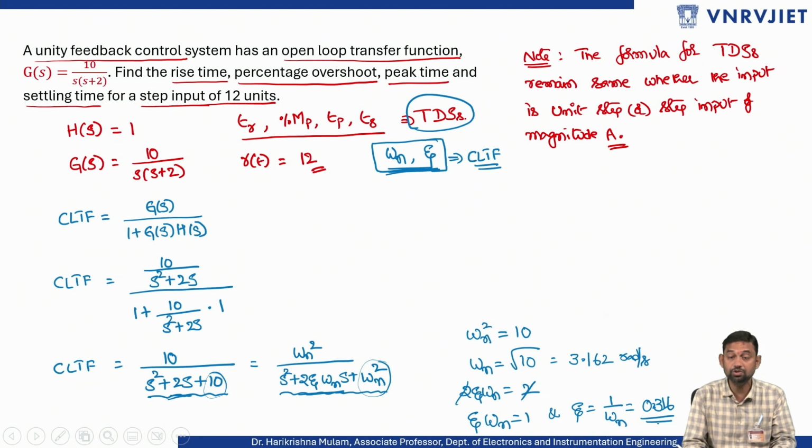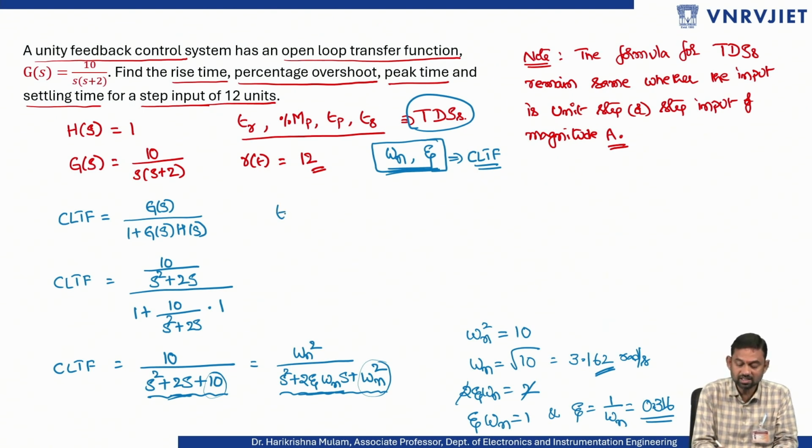The damping ratio of this system is 0.316. Its value is between 0 and 1, therefore this type of system is called an underdamped second order system. So we got omega n as 3.162 radians per second and zeta as 0.316. Then let us find the time domain specifications.